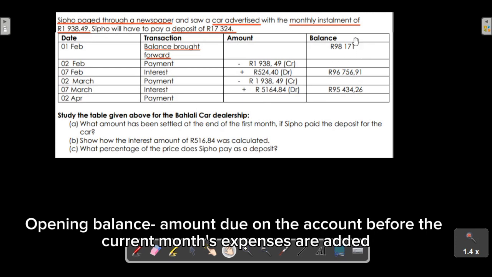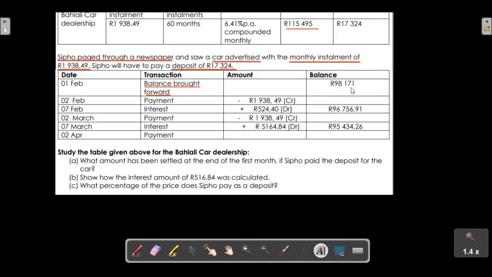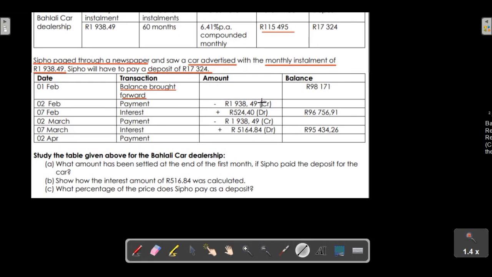So in total, this guy has to pay the amount of 98,171. That is the balance brought forward. Then of course he is going to have to pay monthly installments each and every time, and this amount will decrease over time until he has zero amount to pay. Now we also have what we call credit and debit.